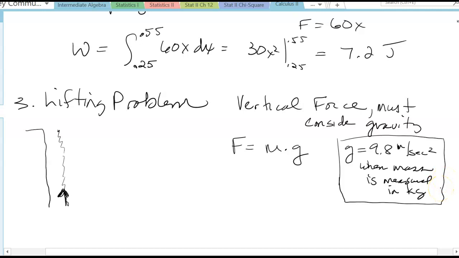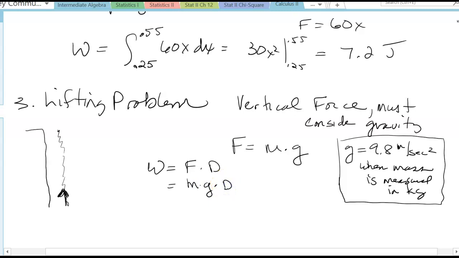Because the force formula changes a bit with this addition of gravity, our work function changes a little bit, because remember, work was force times distance, but force is mg, and now you have distance.